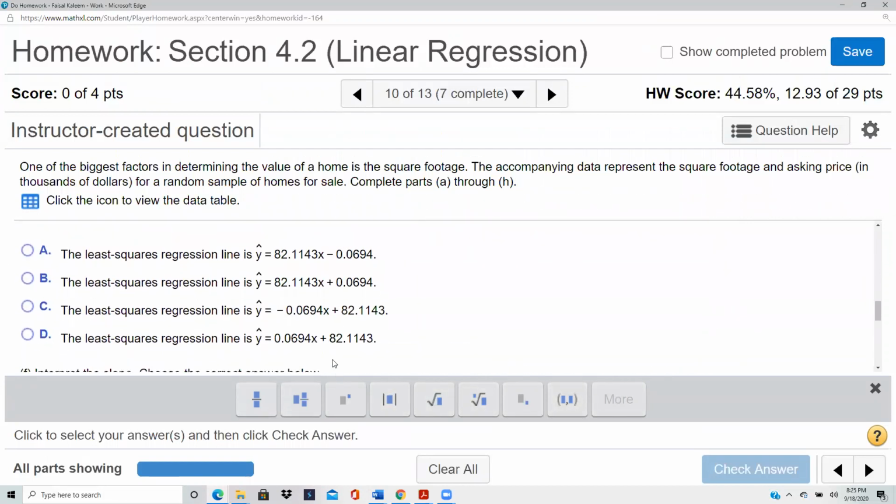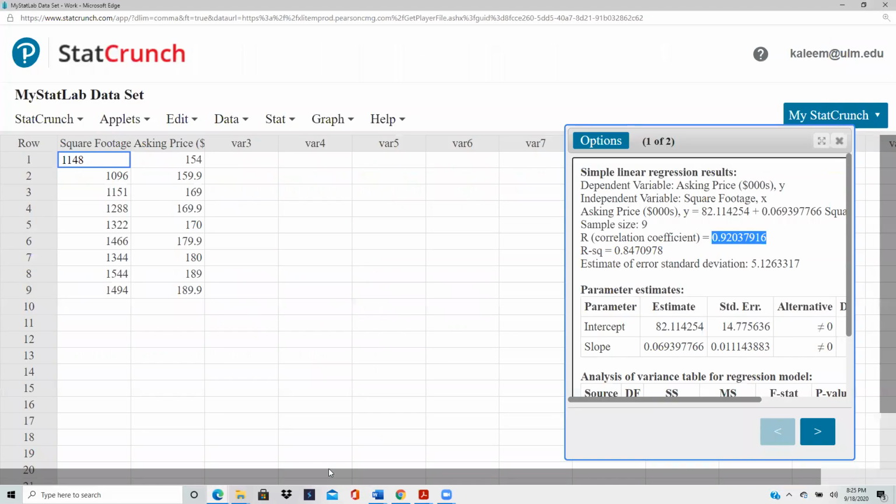And the least squares regression line was also seeable from here.